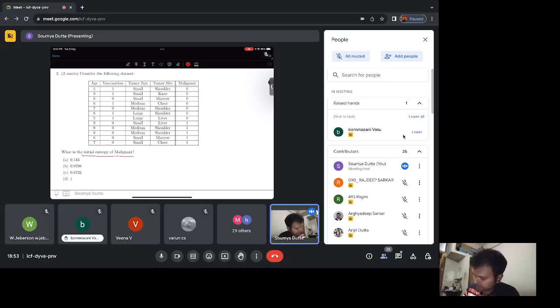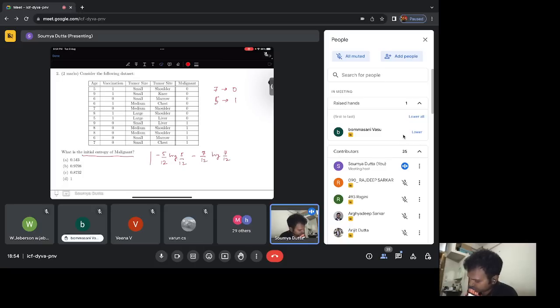So malignant, if you see here, there are 12 examples. Out of that, 7 are 0s and the remaining 5 are 1s, and the entropy would be minus 5 by 7 log of 5 by 7, sorry, not 5 by 7, very sorry, because there are 12 examples: minus 5 by 12 log 5 by 12 minus 7 by 12 log of 7 by 12.